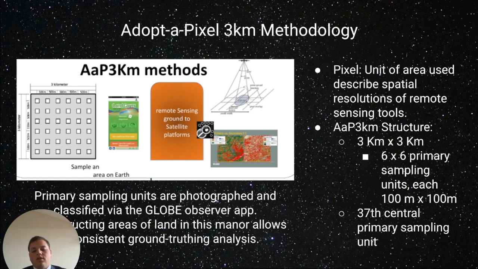And then there's a 37th primary sampling unit at the center called the centroid that is also 100 meters by 100 meters. The idea is that you can break down land in these different sections, and it allows you to compare that land to satellite data.